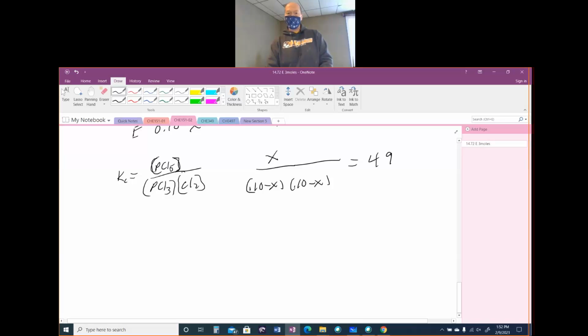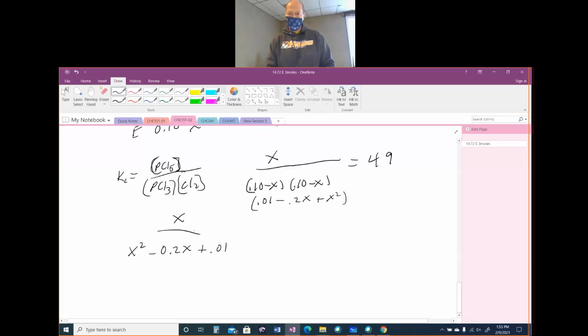So you have to FOIL the denominator. So that is 0.01 minus 0.2x plus x squared. If you FOIL that out, you get minus 0.1x minus 0.1x. When you add those up, it's minus 0.2x. All right, so then I'm going to put it into the correct form, which is x squared minus 0.2x plus 0.01.